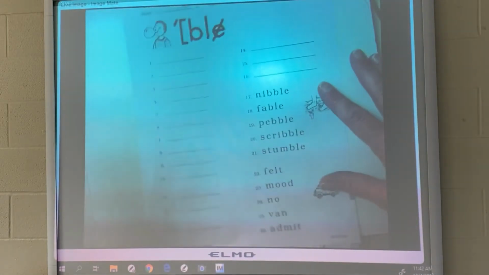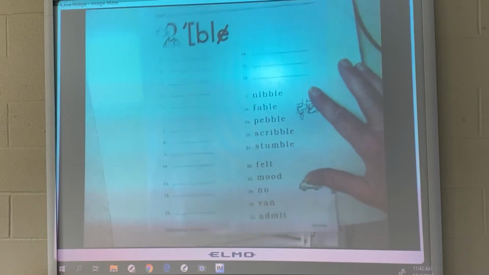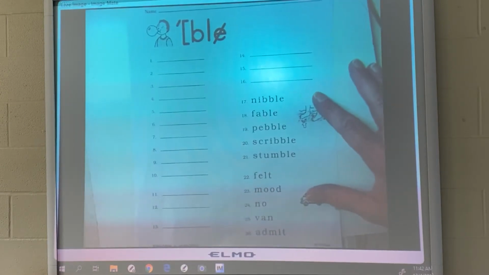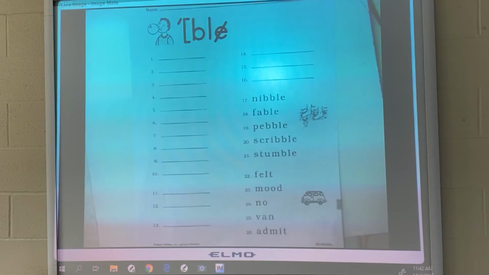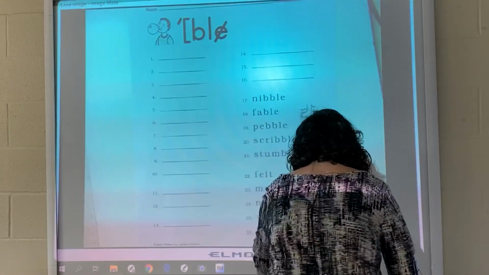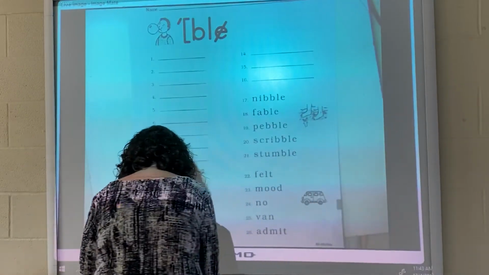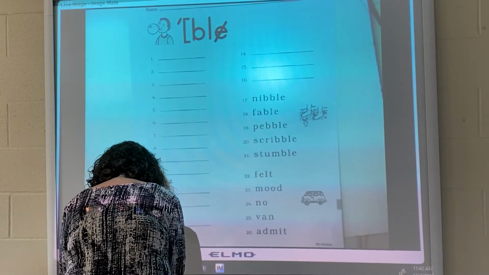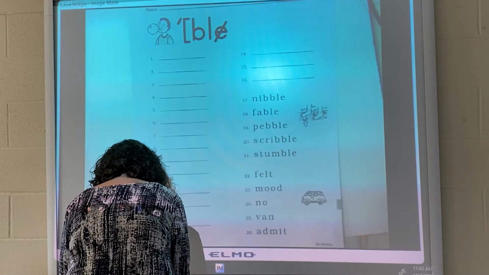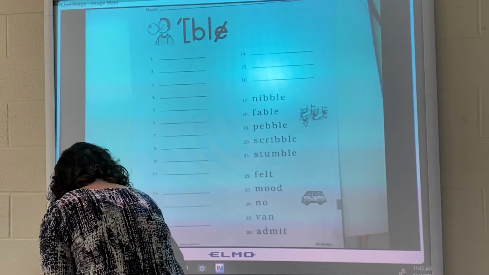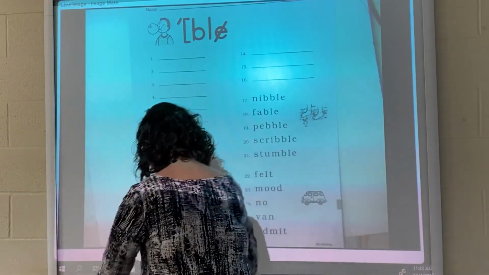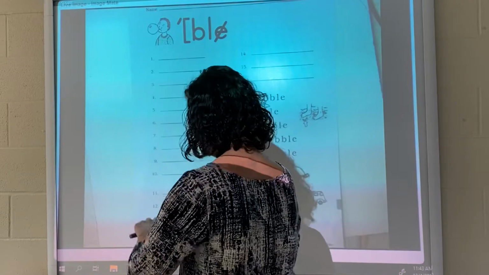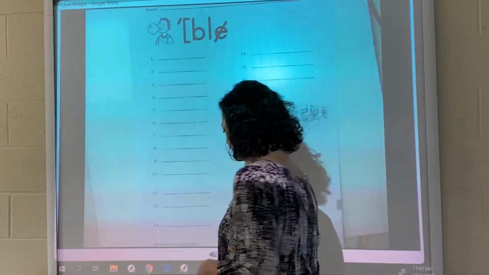Here's our worksheet. Okay. The first thing that we're going to do is go over our sounds. We have monkey.